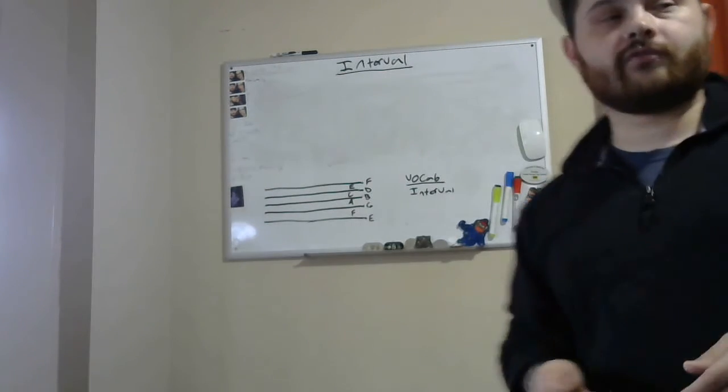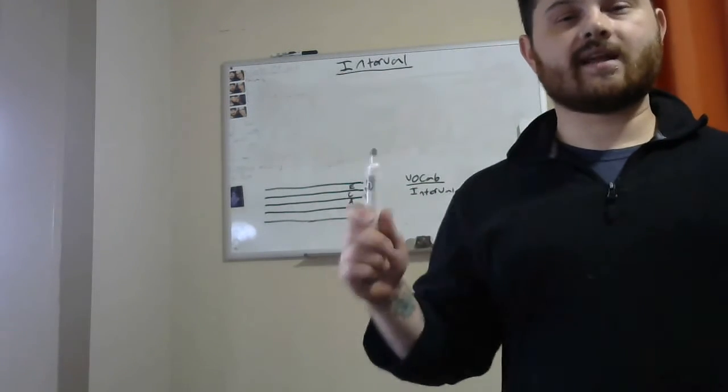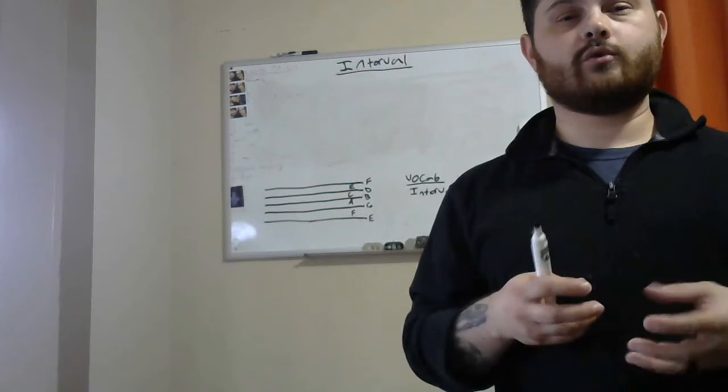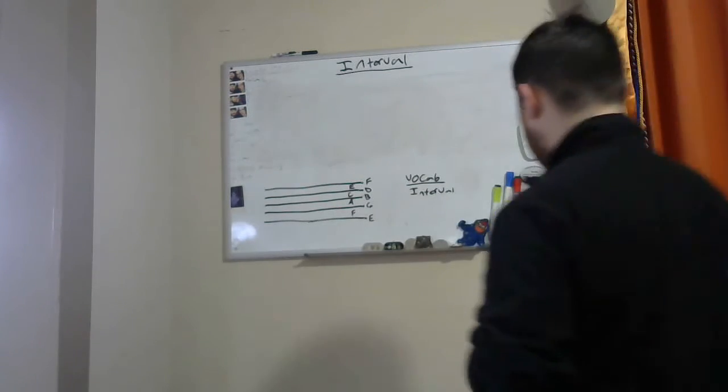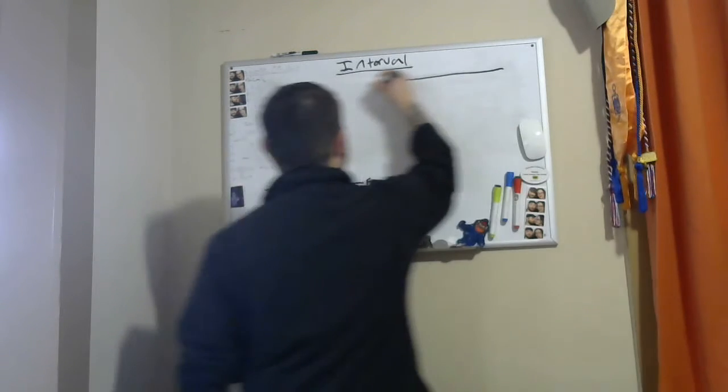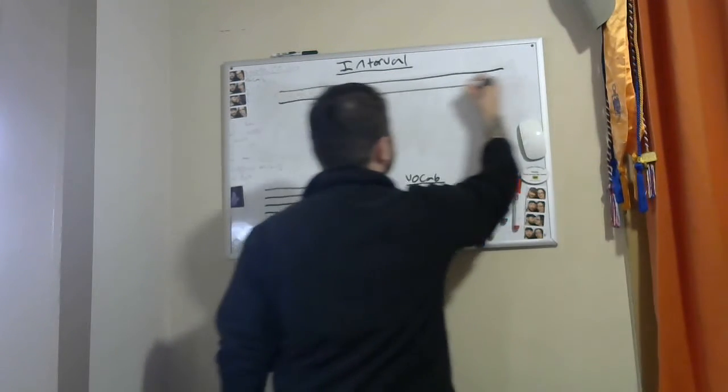Alright? So now we're going to take a break from the scale. We're going to break that scale down into what each smaller shape is. So in our first video, we learned about our lines. It's called a staff. I'm going to write one right now.